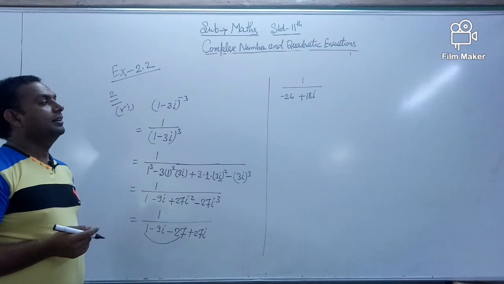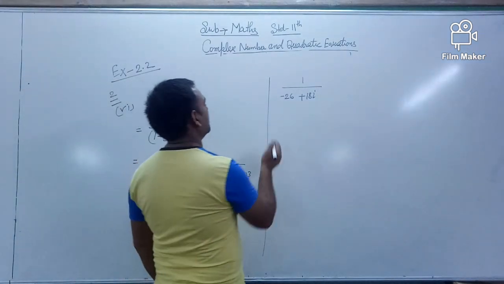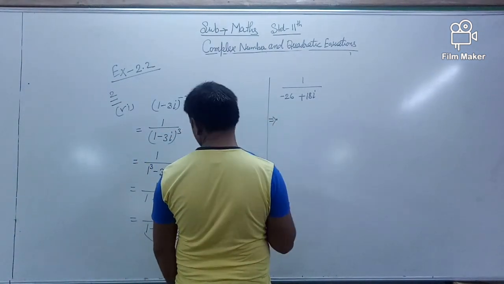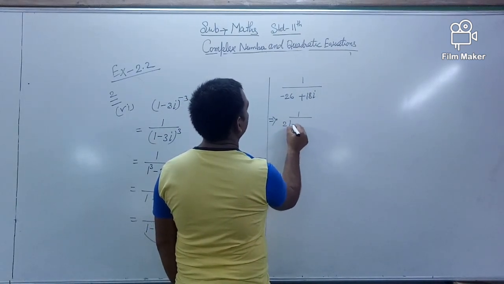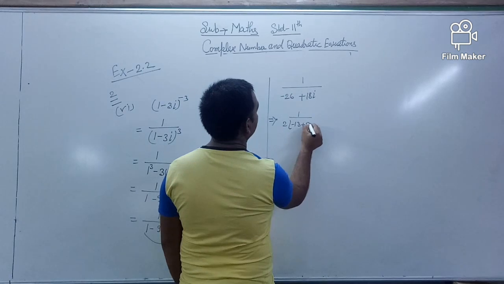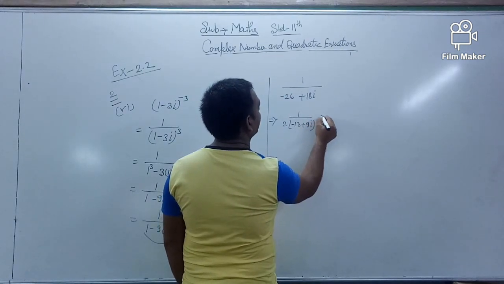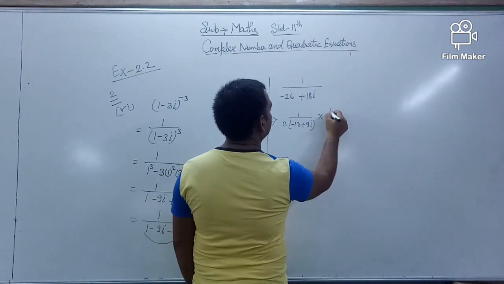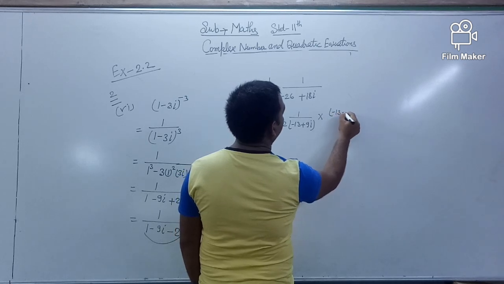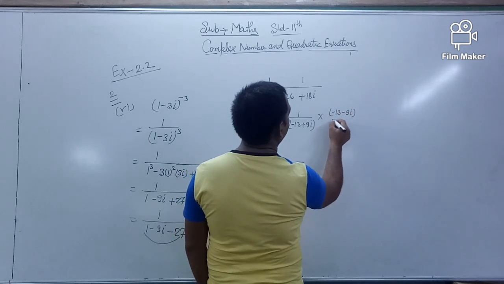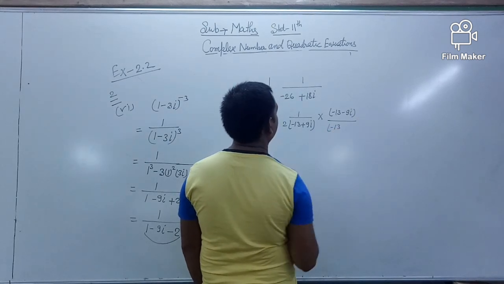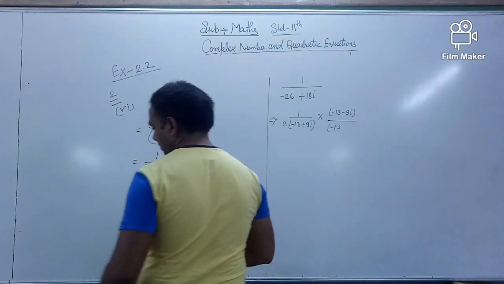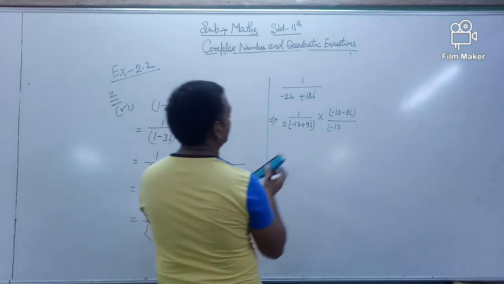Here after that, you take 2 common, so 1 upon 2 is common, so this is minus 13 plus 9i. You multiply with the conjugate, then minus 13 and minus 9i. Either you take the minus common here, so it is easy for you.